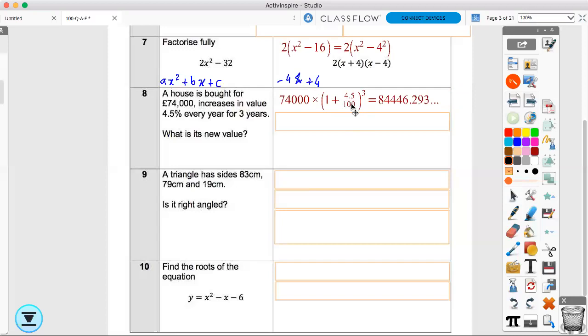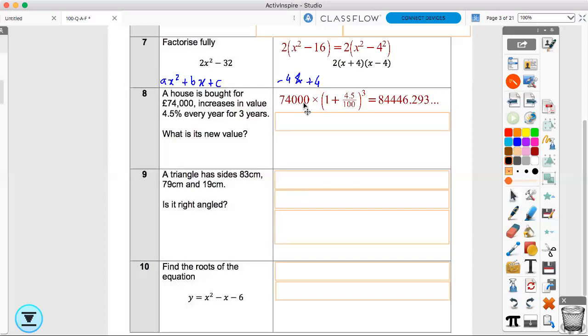And 9 times out of 10, these questions are calculator questions. Whatever you see there, you just use your calculator and type exactly what's there. 74,000 times open bracket 1 plus, use your fraction there, 4.5 over 100, close bracket, and you put that to the power of 3, because it's for 3 years.